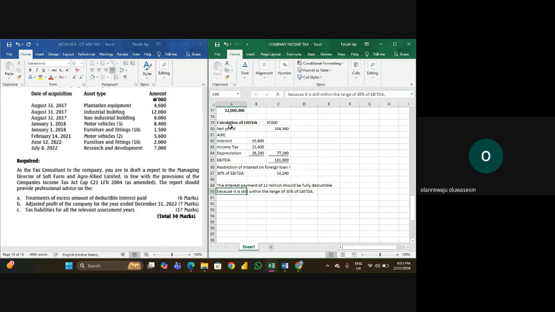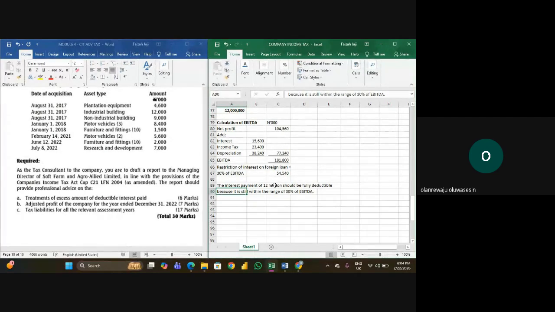Question: what is the treatment of the excess amount? Let's assume that the 12 million is higher than the 30% we calculated. What will happen? Let's say it is 60 million and this one is 54 million. What you do is restrict the amount to 54 million, and the excess amount will be carried forward to the next year.